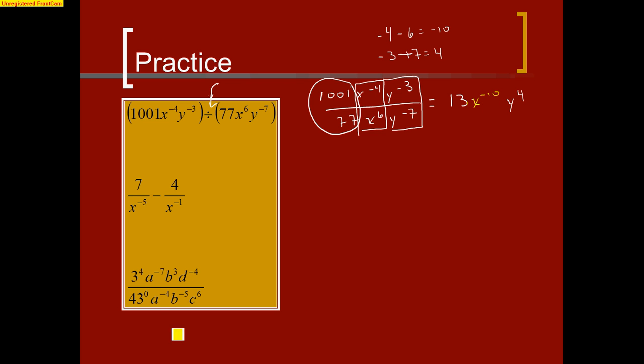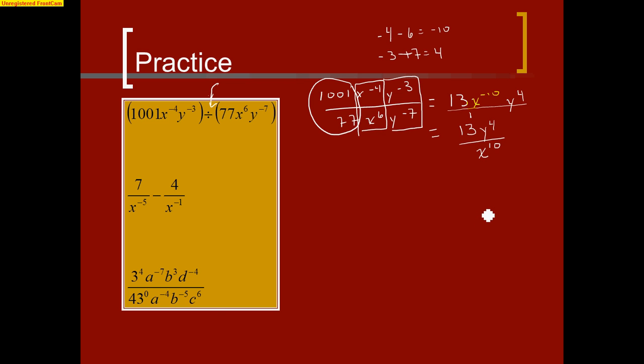So I use a rule that says this is the same thing as 13y to the 4th, but remember this is all over 1. I can take this x down using that rule from our note sheet. Take this x, which is x over 1, and reciprocate it. So now the x is in the denominator, and the exponent stays with the base of x, but you change its sign.